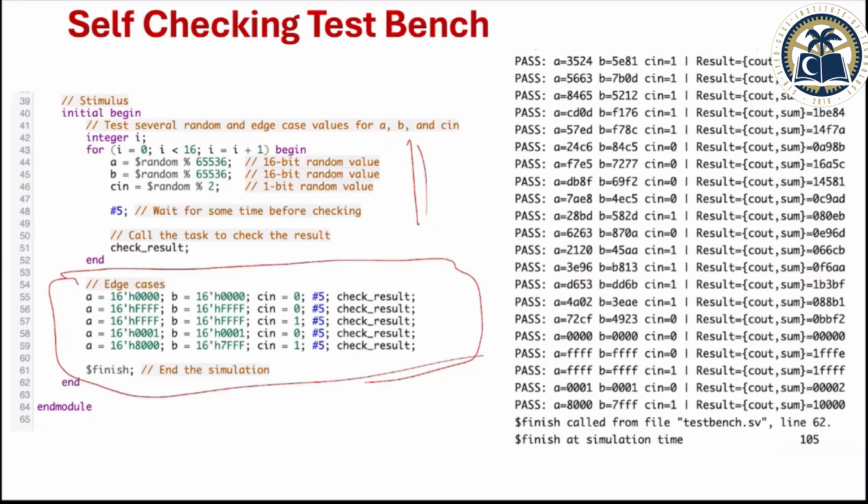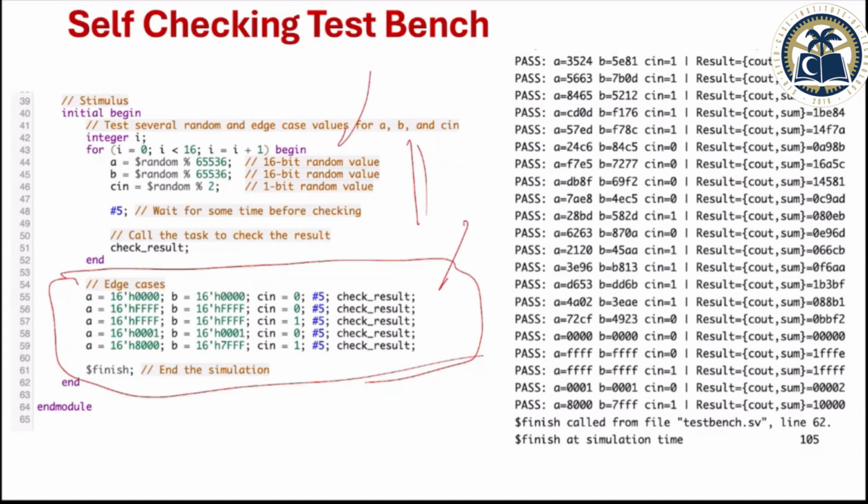So this is the result which I showed you last time, a self-checking test bench, and interesting are the corner cases. Usually corner cases are important, because no matter how many test vectors you generate randomly, it may never generate a corner case, okay? So as a designer, you need to understand which corner case checks the extreme of your design.